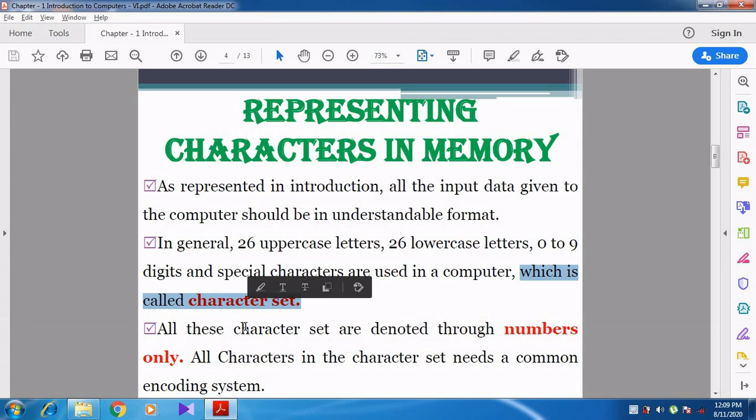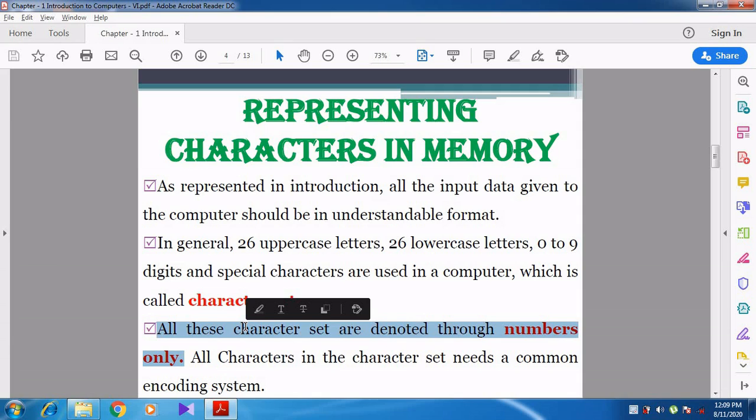All of these characters in the character set are denoted through numbers only. See, we only know A, B, C, D alphabets, small letters, 0 to 9 numbers and special characters. But the computer does not know anything. The computer knows only two numbers; it follows only the binary system, the machine language, that is zeros and ones.